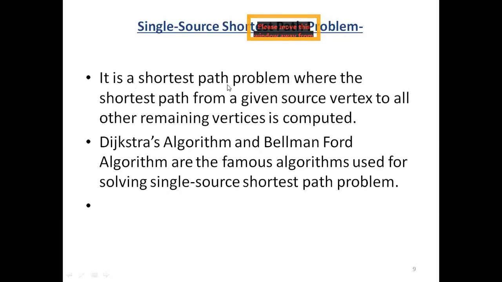It is a shortest path problem where the shortest path from a given source vertex to all other remaining vertices in the given graph is computed. Dijkstra's algorithm and the Bellman-Ford algorithm are used for solving the single source shortest path problem.